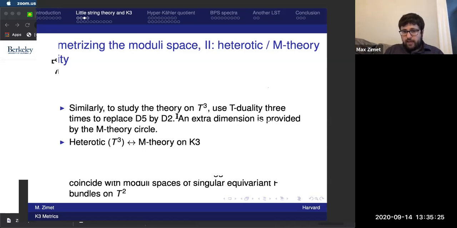So we have a type IIA orientifold on T3 mod Z2, but then there's an extra dimension of the moduli space provided by the M-theory circle, which upgrades this to M-theory on K3. So again, at generic points in the parameter space of this little string theory, the moduli space is smoothed out to a smooth K3 surface.